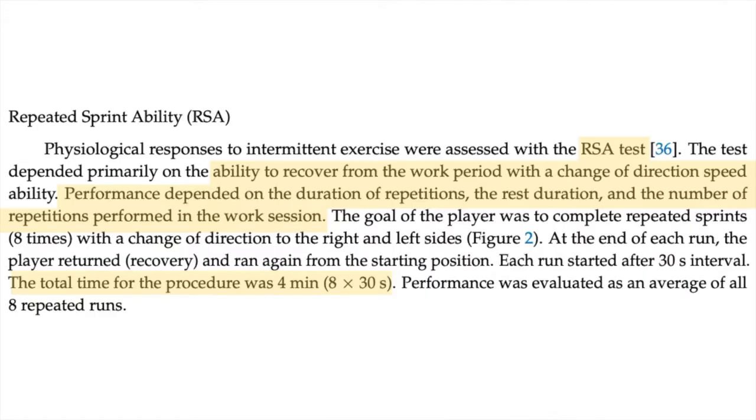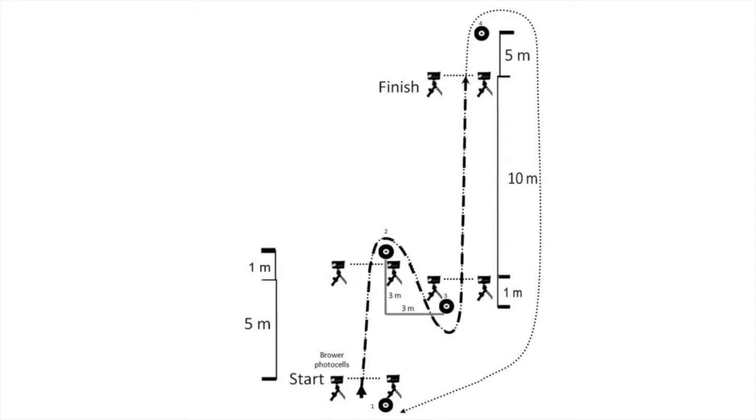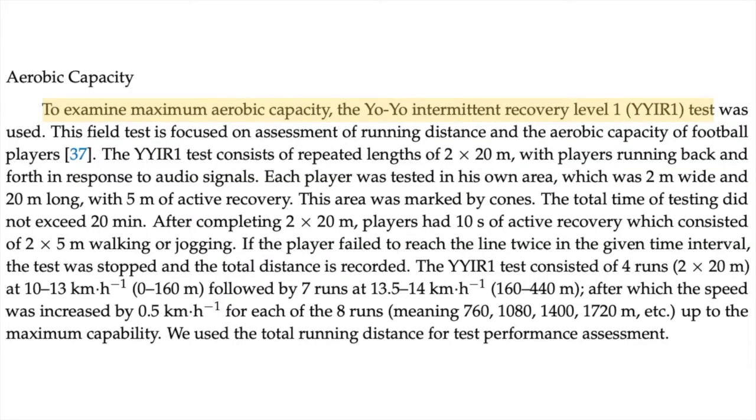The repeated sprinting ability, the RSA, tested for physiological response to intermittent exercise. So working hard for a certain amount of time and then a little bit of rest. And then the aerobic capacity, they use the yo-yo test or the beep test.